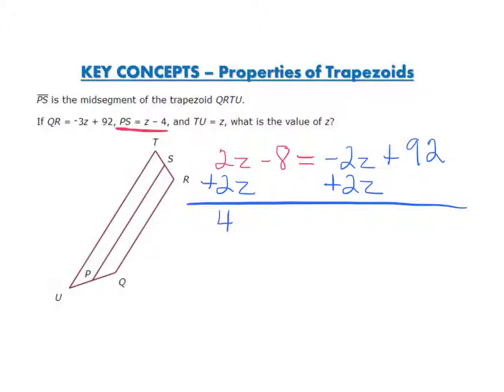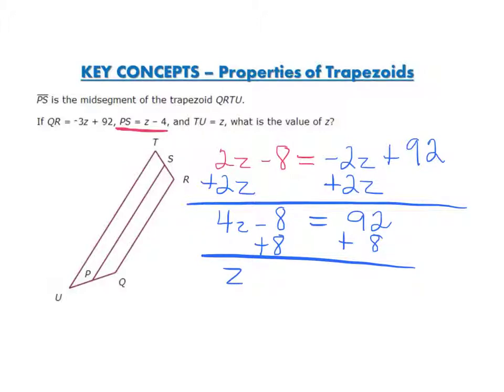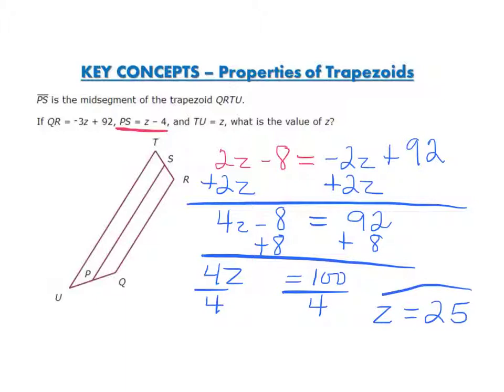So I have 4Z minus 8 equals 92. I'm going to add 8 to both sides, and I'm left with 4Z equals 100. Divide both sides by 4, and Z equals 25.